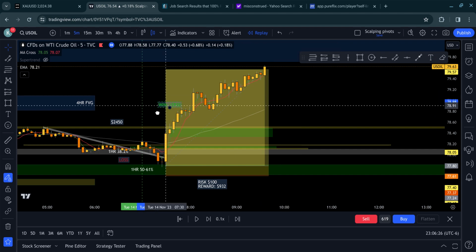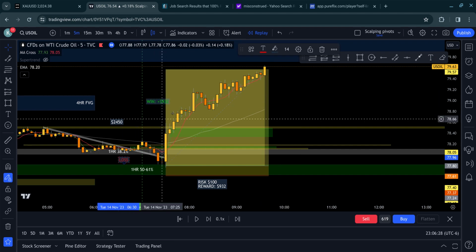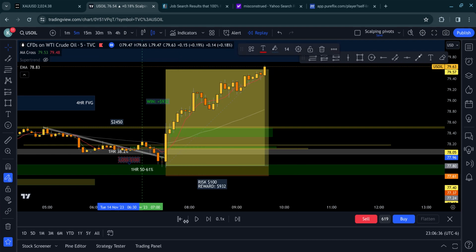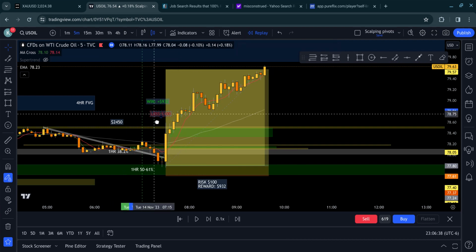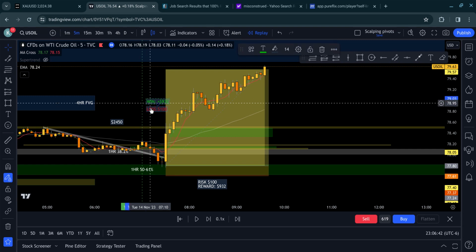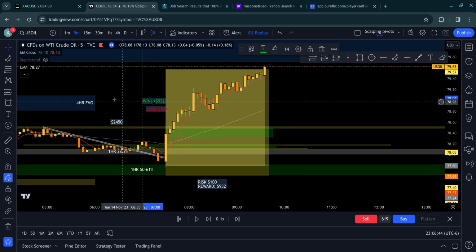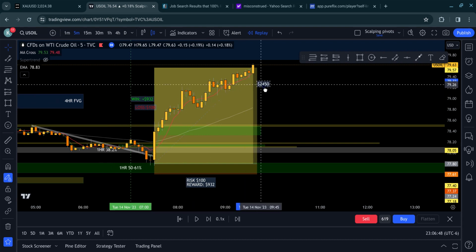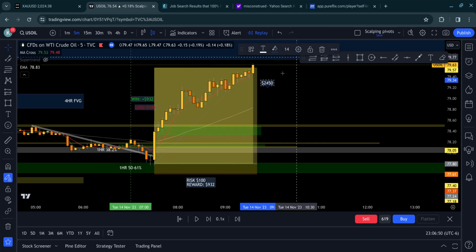We got plus 932. Here we lost. I'll go ahead and put the loss so we know that we lost $100, right? But then we turn around and we just made $932. So for the day, we're up $832.